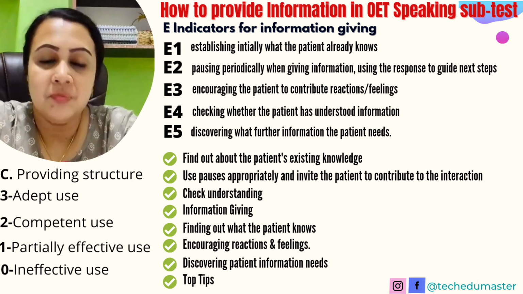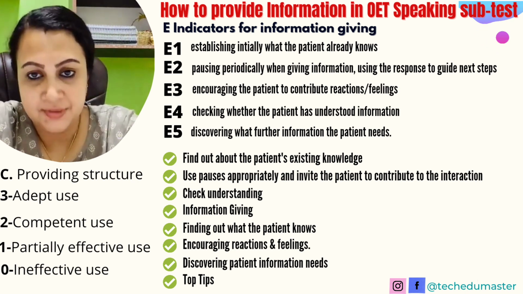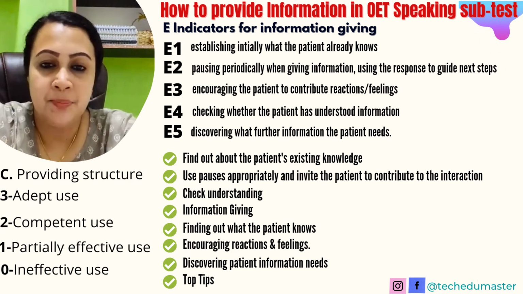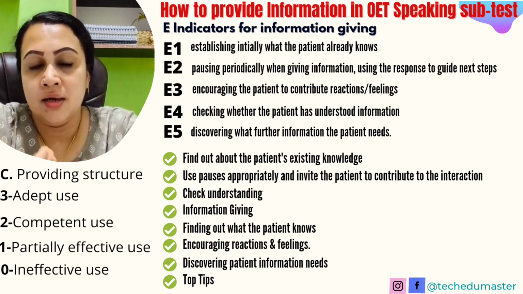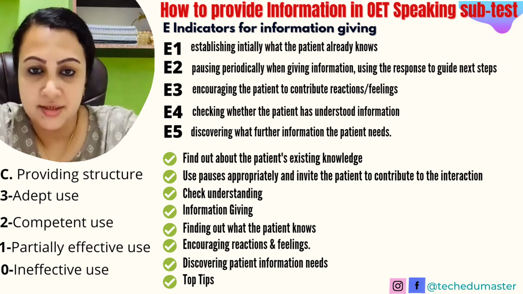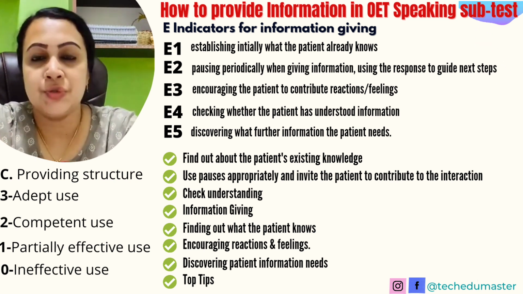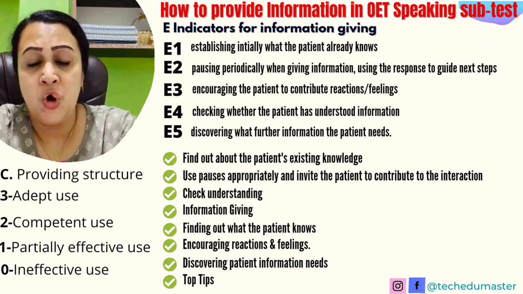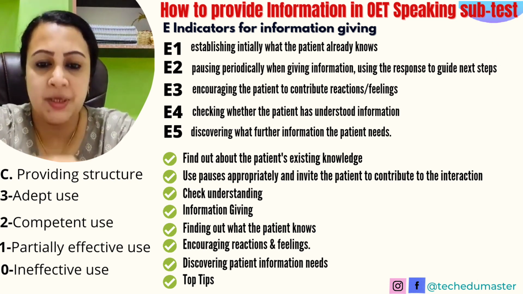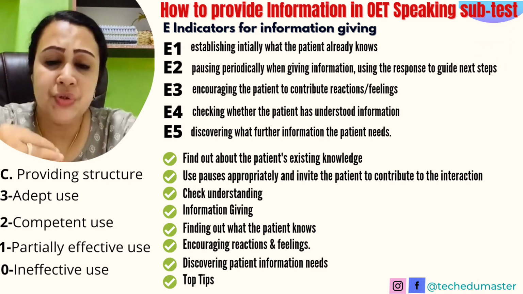Now let me tell you some tips that will help you when you are providing information. The first thing is that you should never rush through the task. You should not go very fast. You have to pause.